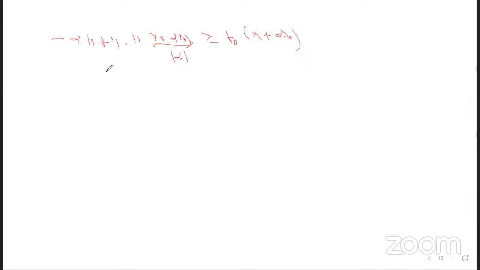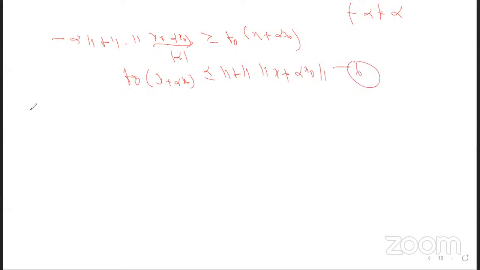So by cross multiplication, minus alpha is nothing but, if you take mod, that is positive, it will become norm. That's why we can write the above equation as f naught x plus alpha x naught less than or equal to norm of f, norm of x plus alpha x naught, equation number 6.